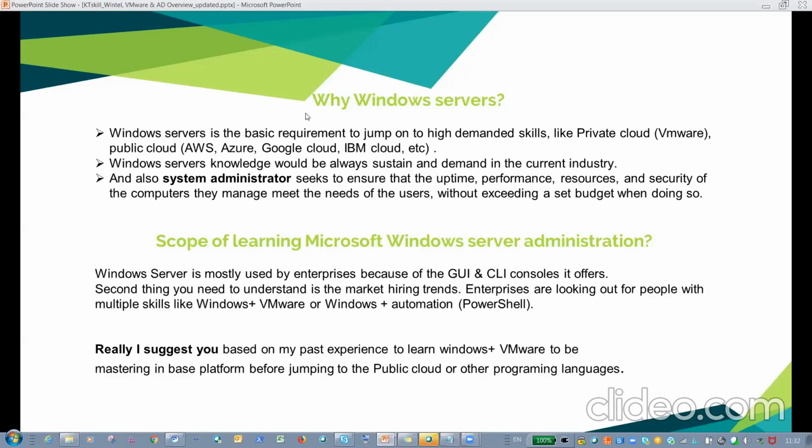There is also a role, the infrastructure operations master role. While placing the roles, we always make sure the infrastructure master role and the GC should not be placed on one domain controller, because cross-domain replication will stop in case we place the infrastructure master role and the GC on one server.